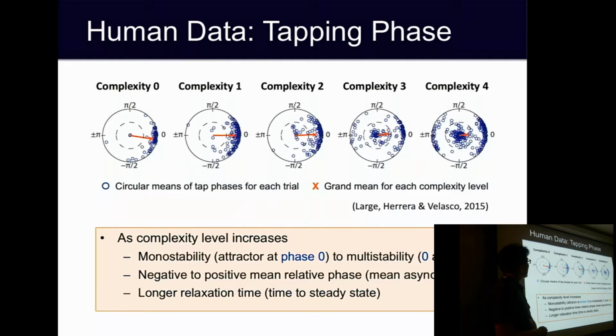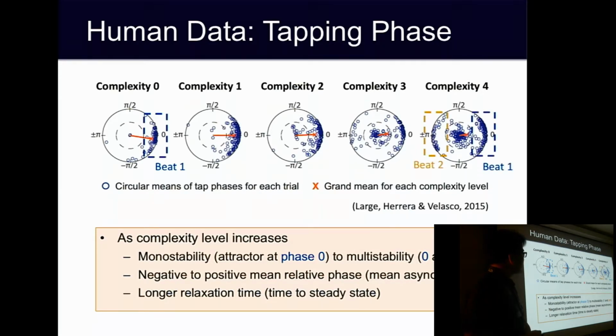And here's the summary of human tapping data. For complex, these blue dots are circular means of tap phases for each trial. Whenever you see circles gathering around phase 0, that's people having beat 1 perception. If you look at complexity level 4, you can see some people tap beat 1 and some others tap beat 2.